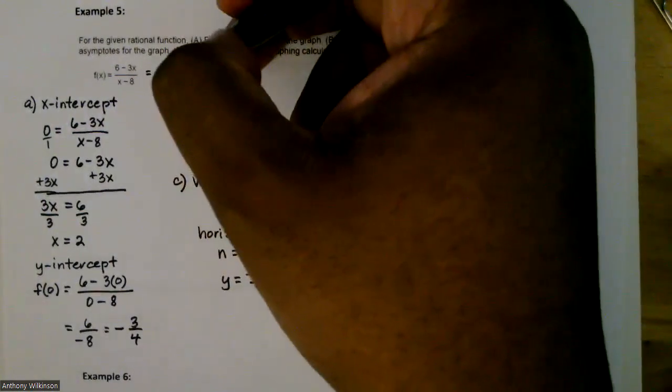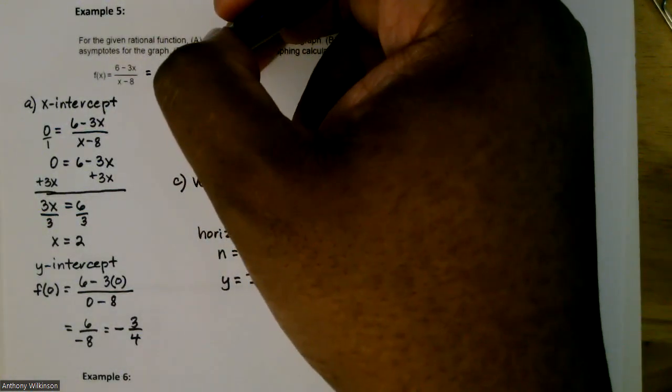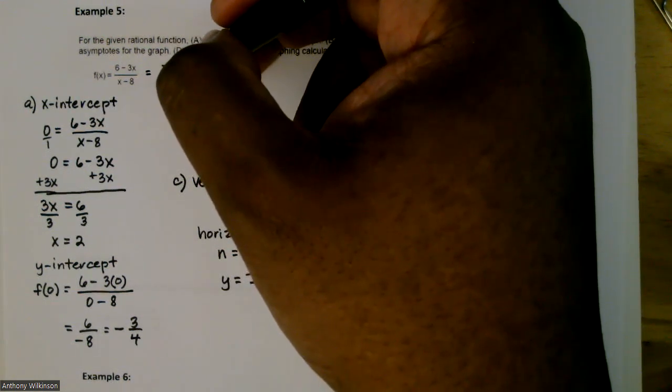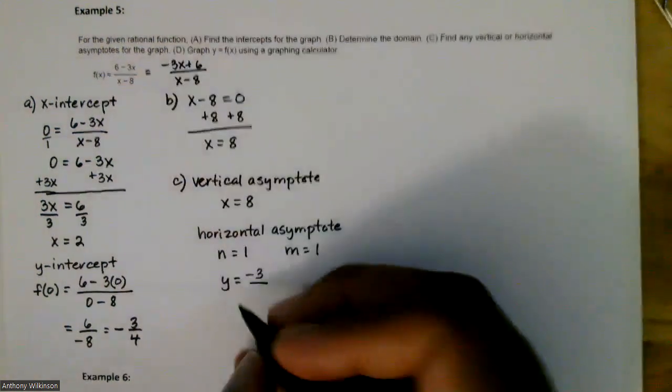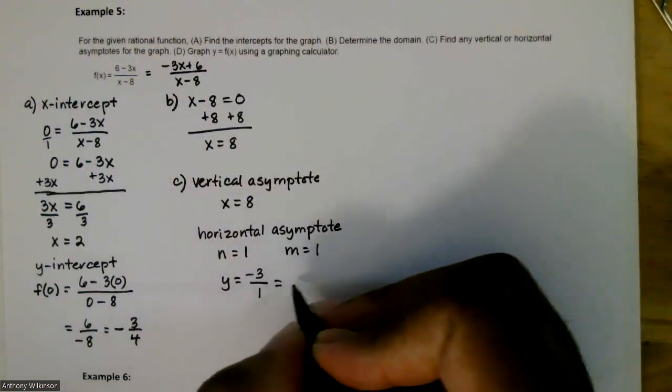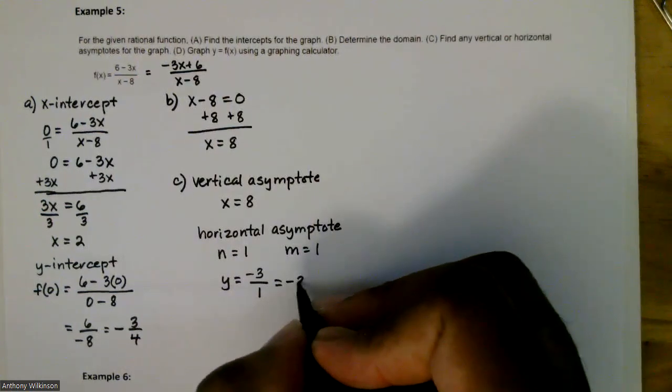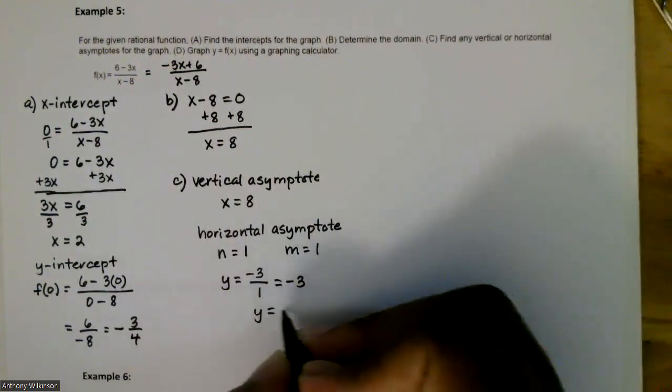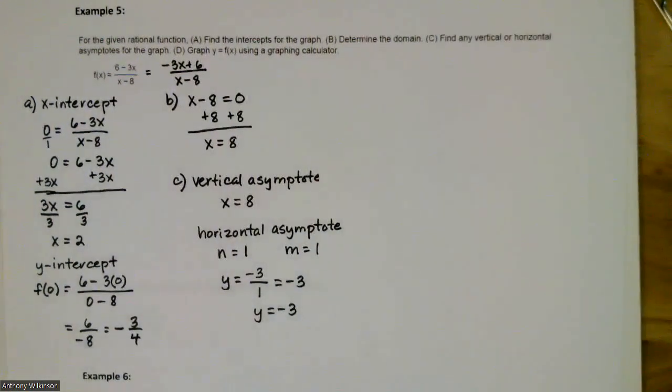Divided by the leading coefficient in our denominator, the coefficient of the variable to the highest exponent. That's going to be a 1, an understood 1. So y equals negative 3 over 1, which is negative 3. So the equation y equals negative 3 would be your horizontal asymptote.